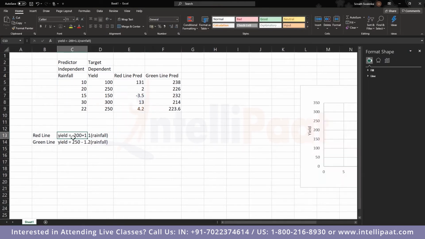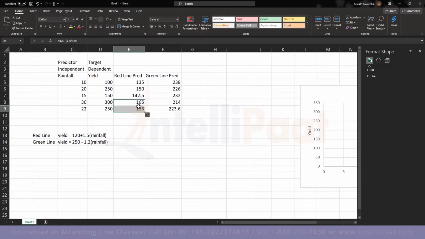I've hypothesized it incorrectly. Sorry for the adjustments here. So these are my red line predictions and my green line predictions.